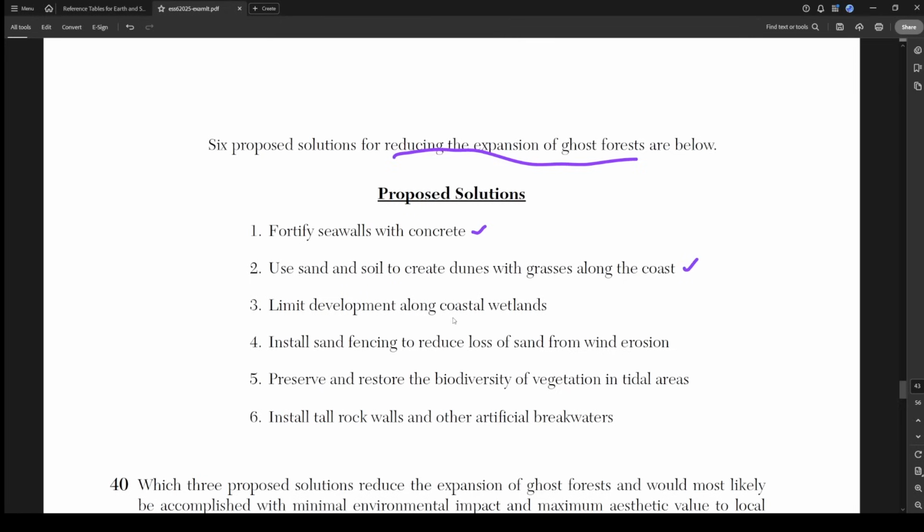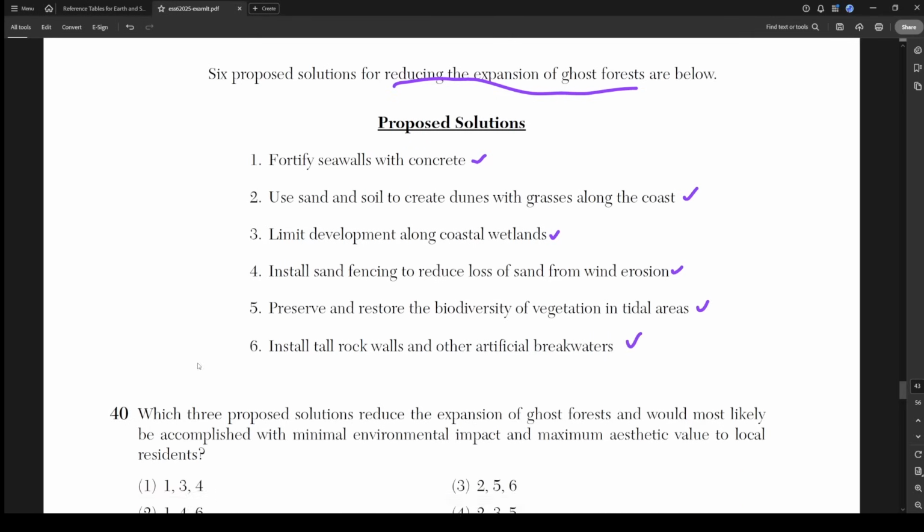Limit development along coastal wetlands. Probably that's a good thing too, I would say. Install sand fencing to reduce loss of sand. Okay, that could be good, I guess. Preserve and restore the biodiversity of vegetation. Yeah, we need the vegetation. Install tall rock walls.